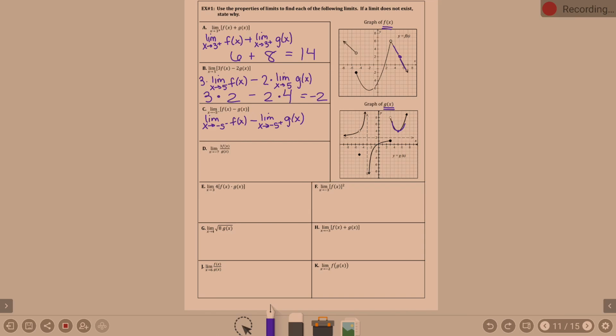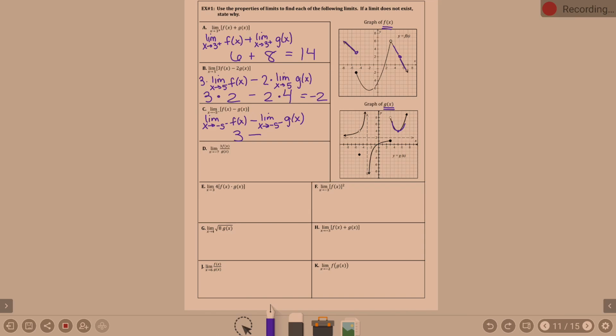Negative 5 from the left on f. 3. Minus negative 5 from the right. No, why did I? That's supposed to be the left again, isn't it? Whoops. Okay. Negative 5 from the left on G.